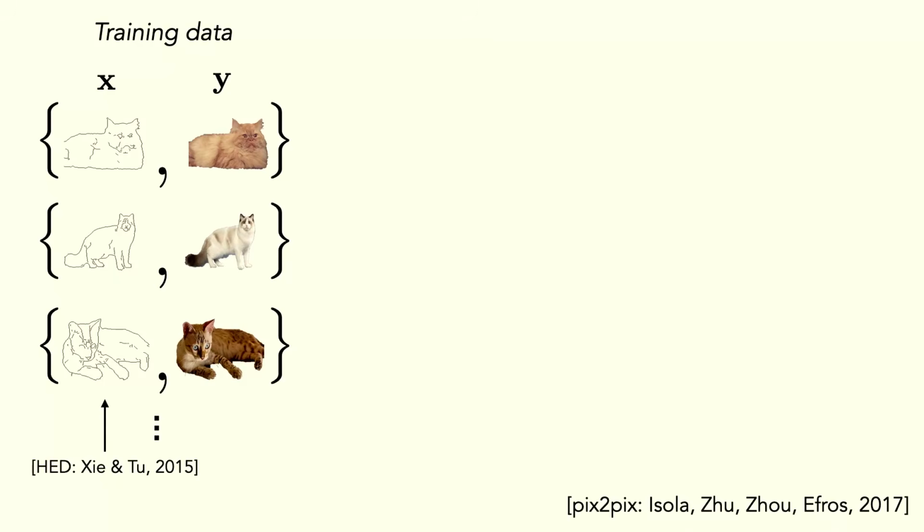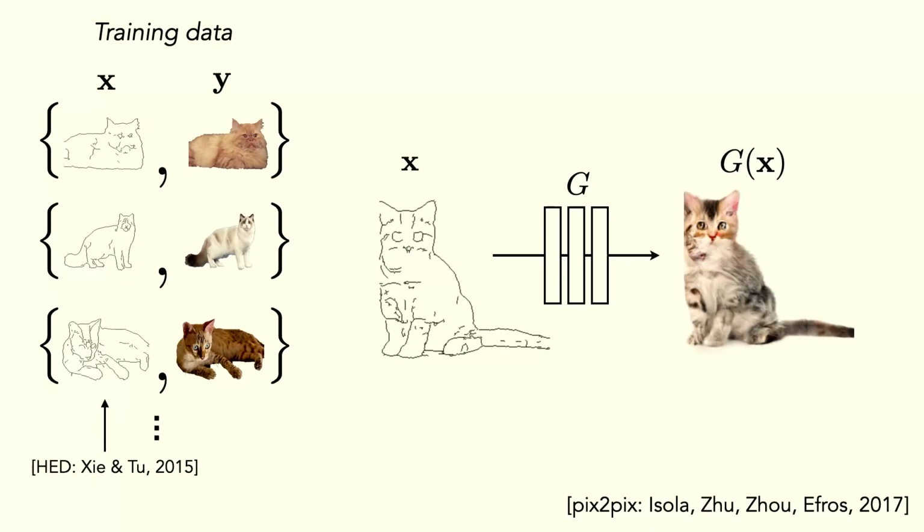OK, so I got kind of excited about the feats of generalization of deep nets in this project from a few years ago. What we did here is we trained a deep net to take as input sketches and produce as output photos of cats in this case. A neural net just maps X to Y. We'll talk about these generative models and image models a little bit later in the course.